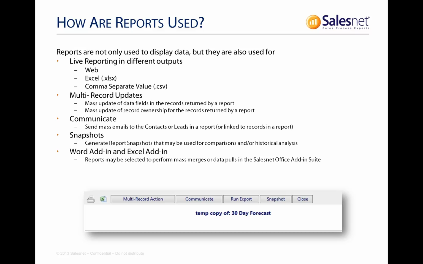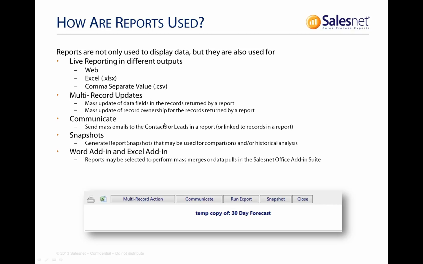Reports are leveraged with other functions. Particularly multi-record update. We use the report engine to fine-tune or filter down to a set of records that we may want to update the fields of data there or the ownership for them. So we use the reporting engine to help us get to the right set of data for updating.